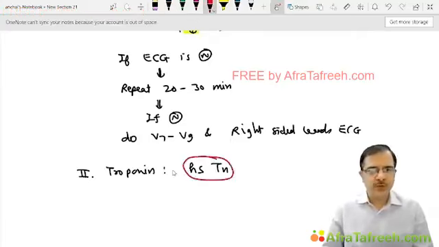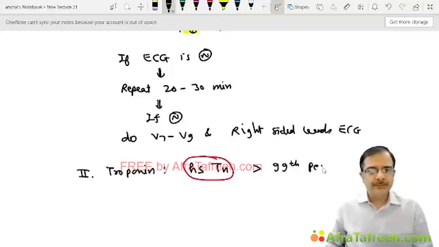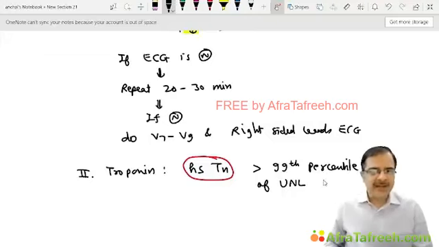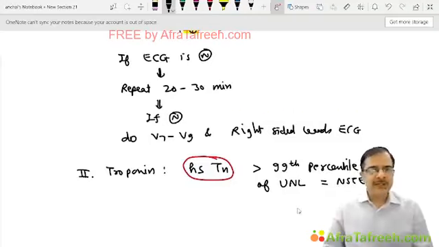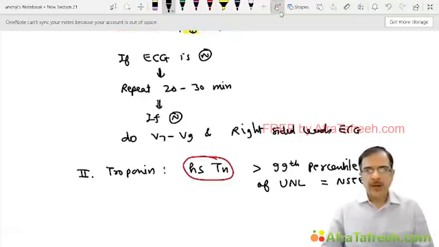So we usually go for this highly sensitive troponin, and for it to be positive the value should be more than the 99th percentile of the upper normal limit, and that will make it a diagnosis of non-ST elevation MI. And if it is below this range, then it will be a case of unstable angina.